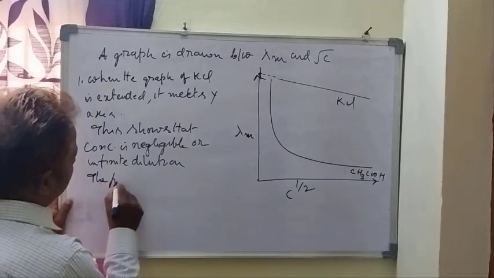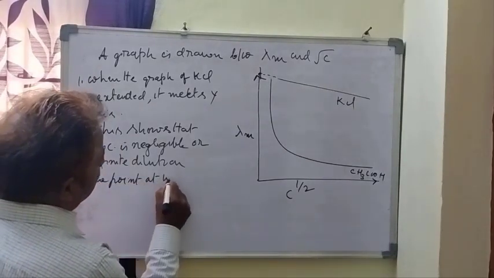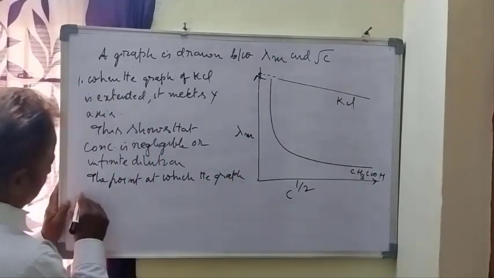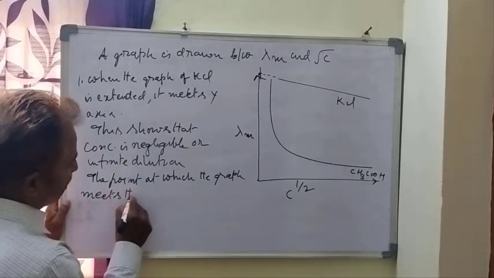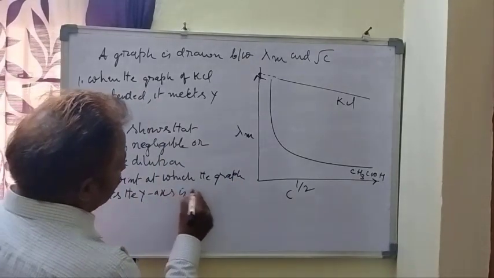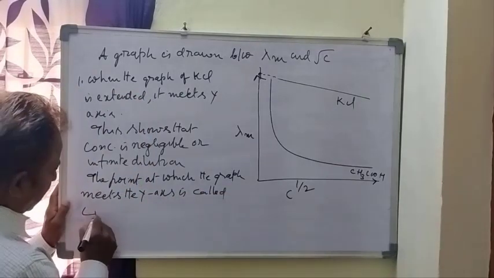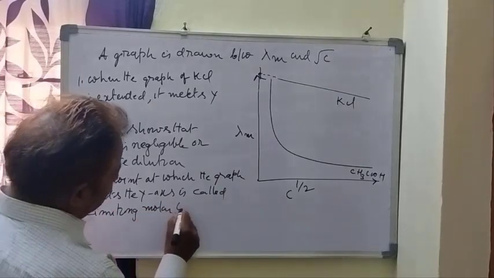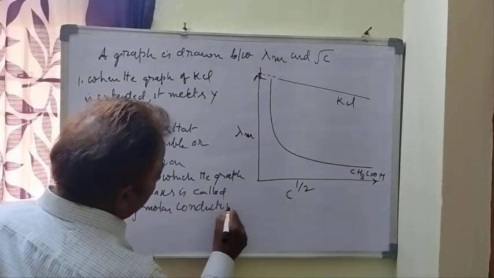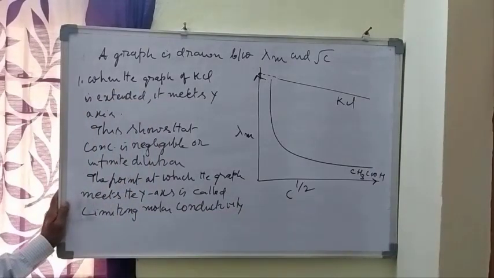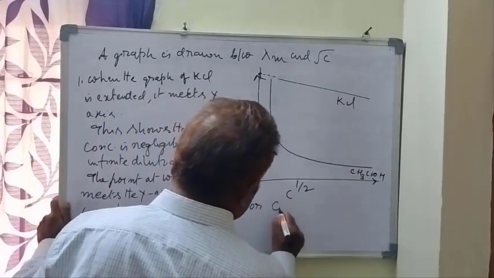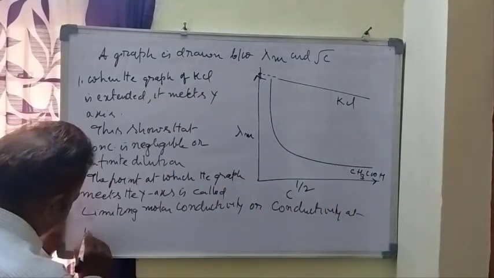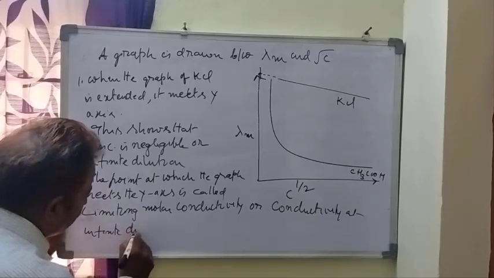So the point at which the graph meets the y-axis is called limiting molar conductivity, or conductivity at infinite dilution, or molar conductivity at infinite dilution.